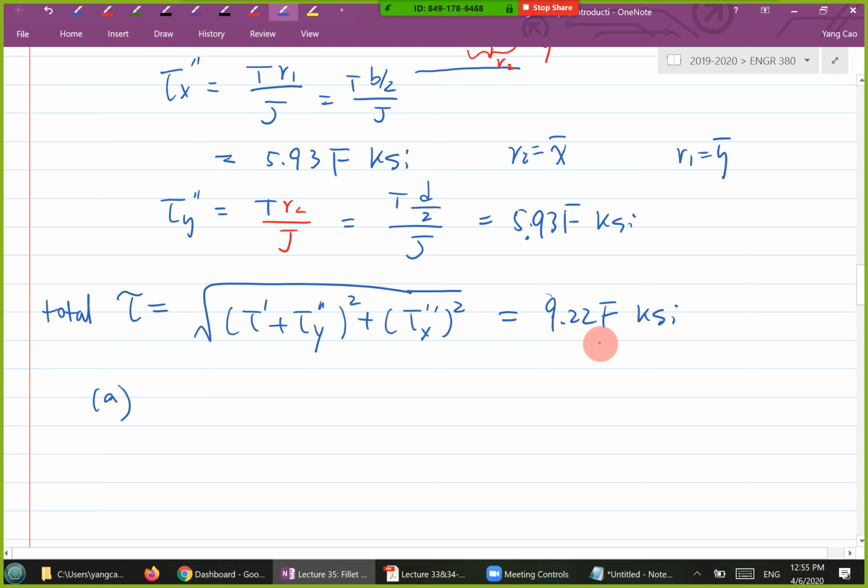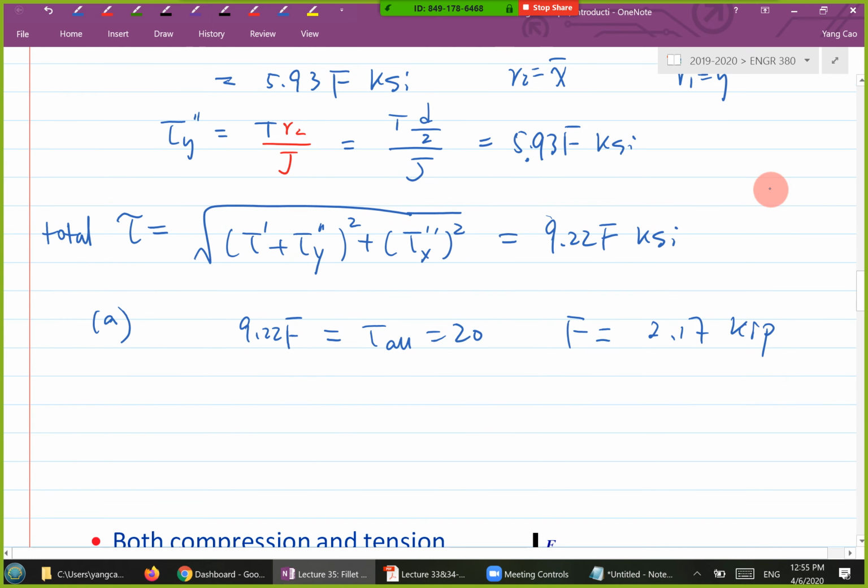You need this 9.22 F to be the same as the allowable tau, which is 20 KSI. Then you solve for F, and that gives you 2.17 kip or 1,000 pound force. That's part A.